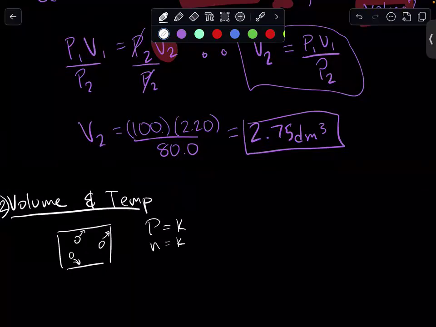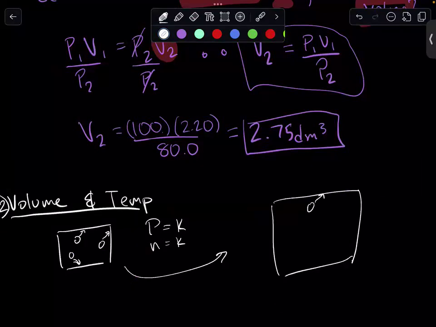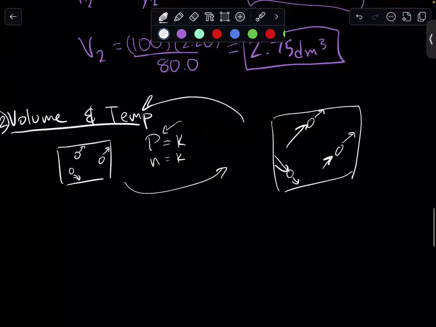If we increase the volume, so it's now a larger room, but we have the same amount of kids and we need the number of collisions to be the same, these kids must run faster. Faster movement is higher temperature. So we therefore know that volume divided by temperature should be constant.